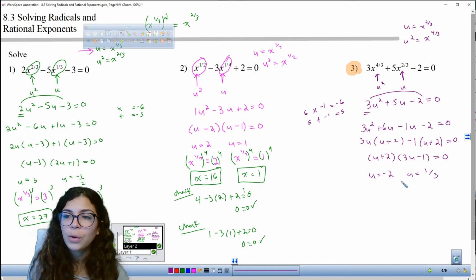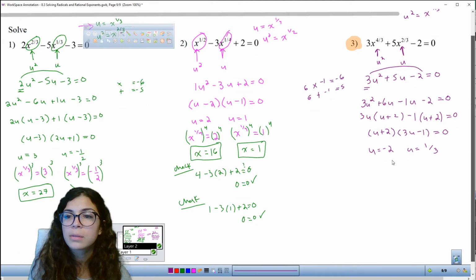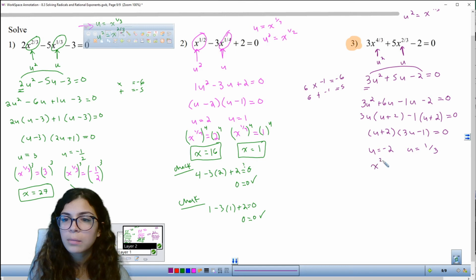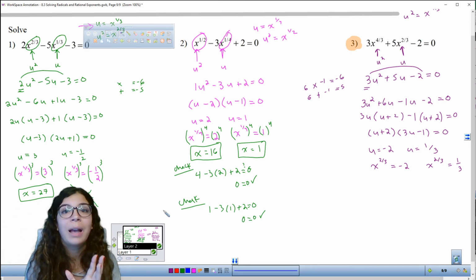Okay, so now let's go ahead and plug u back in. U is x to the power of 2/3. Okay, and now we need to solve both of those so we can get what x equals, right?